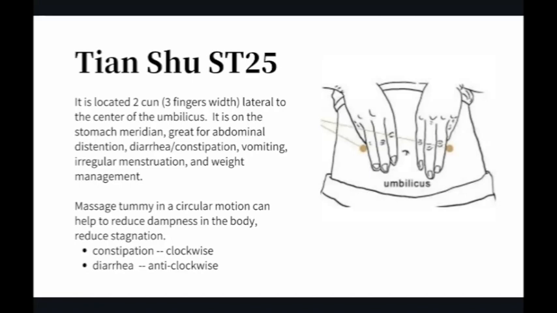Massaging the tummy in a circular motion can help to reduce dampness in the body. If you have constipation, you can use clockwise motion. For diarrhea, you can use anti-clockwise.